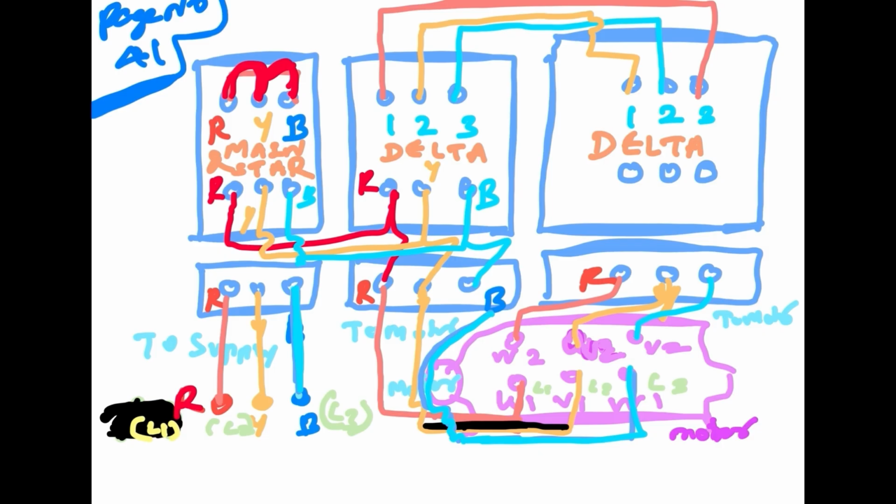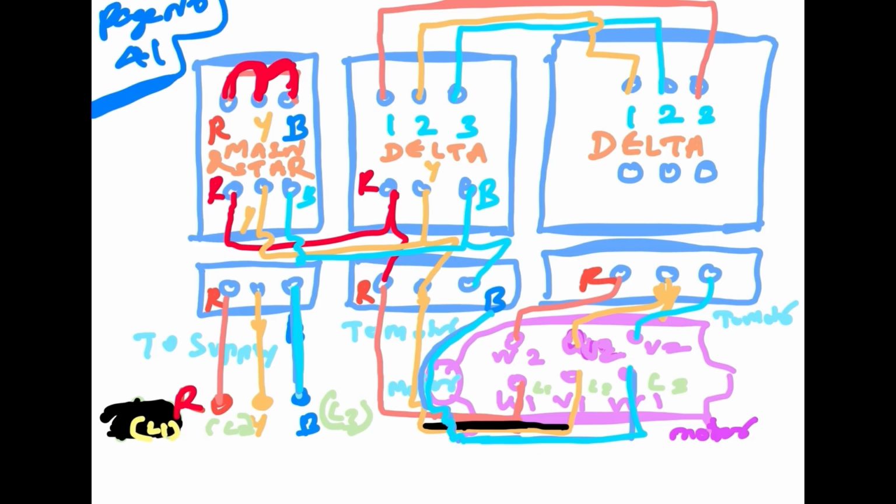RYB to motor: the connector supply line is connected to motor windings U1, V1, W1. To the motor, RYB of the second contactor is connected.